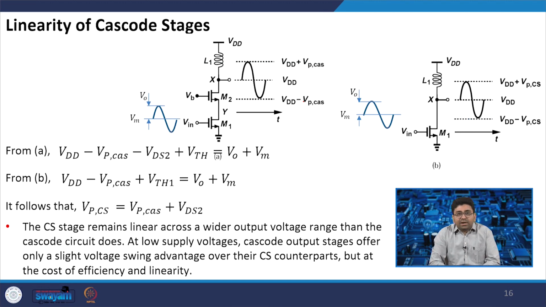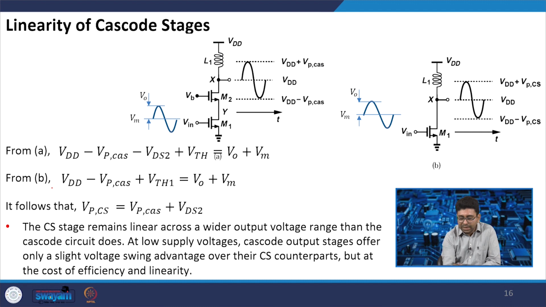Now, if we look at the linearity consideration, for circuit A we get the swing: VDD minus Vp of the cascode stage minus VDS2, that is the drain-to-source voltage of M2, plus Vth equal to Vo plus Vm.